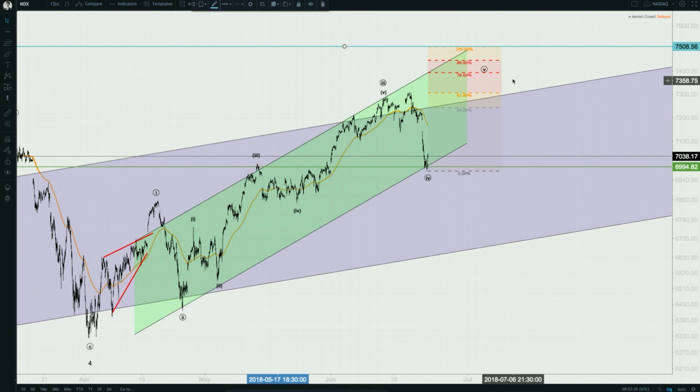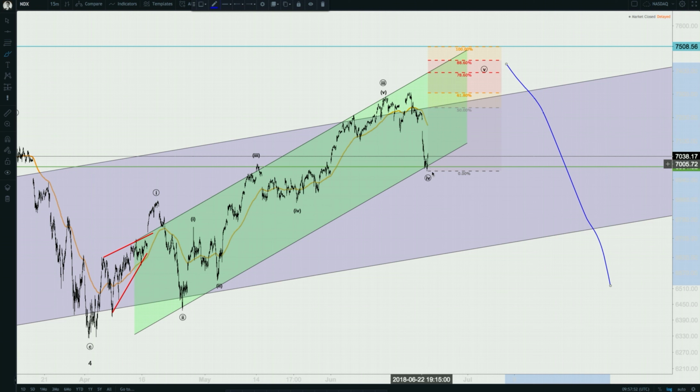Regardless of where it stops, we should then be able to very clearly say this is now putting a lid on this entire move, and we should see a significant drop starting from here going downwards. So there is a potential option to trade this to the upside, perhaps for brave traders. However, I would personally just simply wait for the completion of this whole trend and then consider short positions.